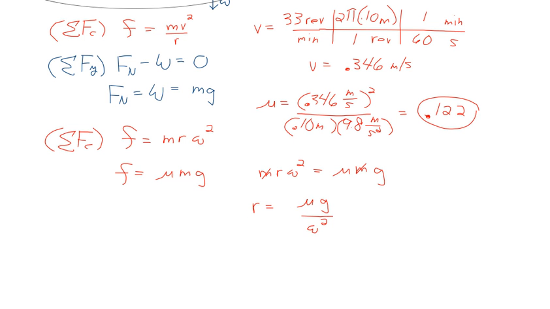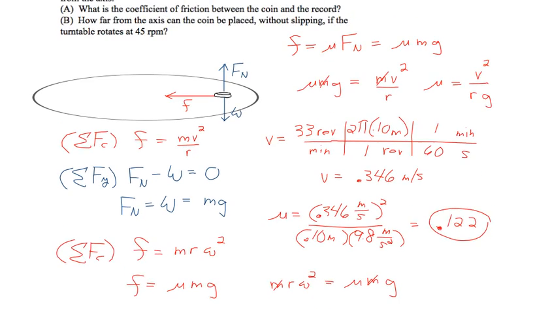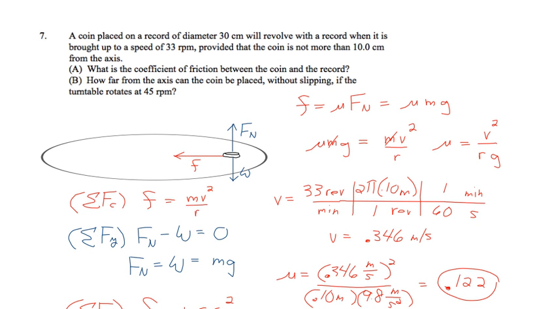Okay, so I need to do a conversion because they didn't give me the angular velocity in radians per second. They gave it to me in revolutions per minute. So this has to be converted.